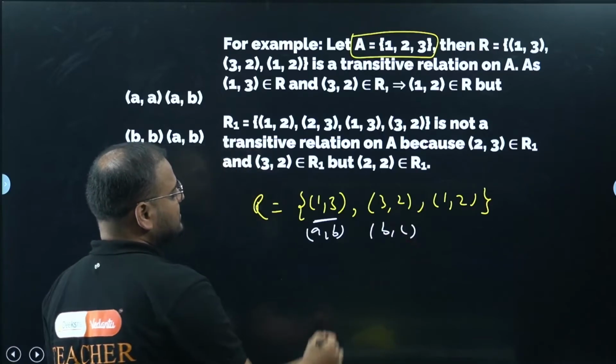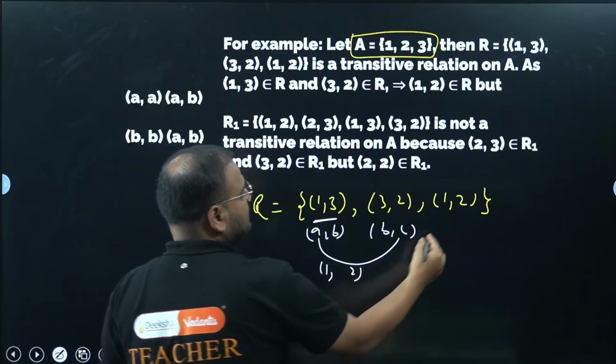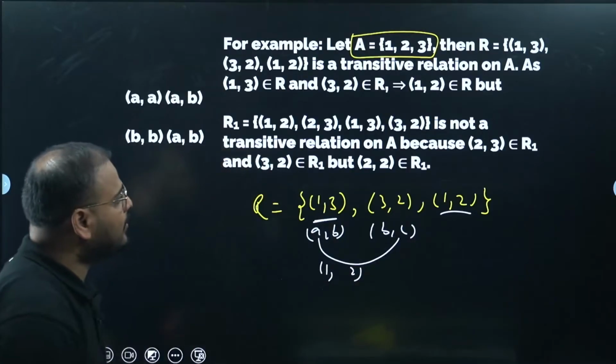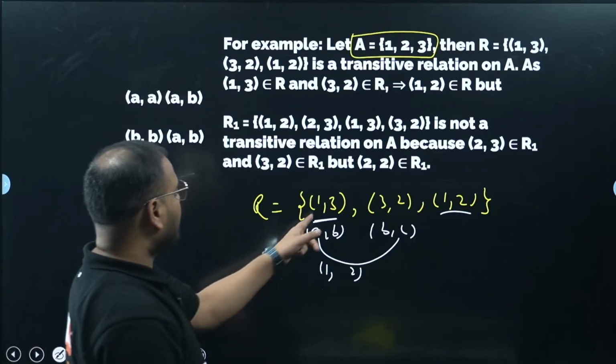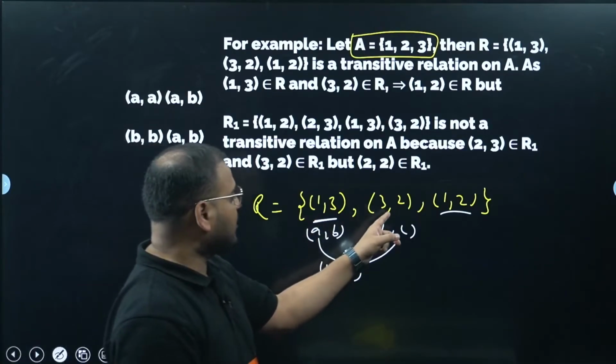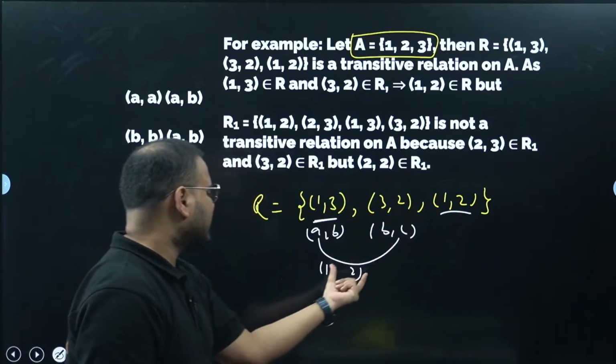And what should come next? AC. What is AC? 1 and 2. So yes, it is there. 1 comma 2 is there, so it means it is a transitive relation. 1 comma 3 is there, 3 comma 2 is there, then 1 comma 2 has to be there. So that is a transitive relation.